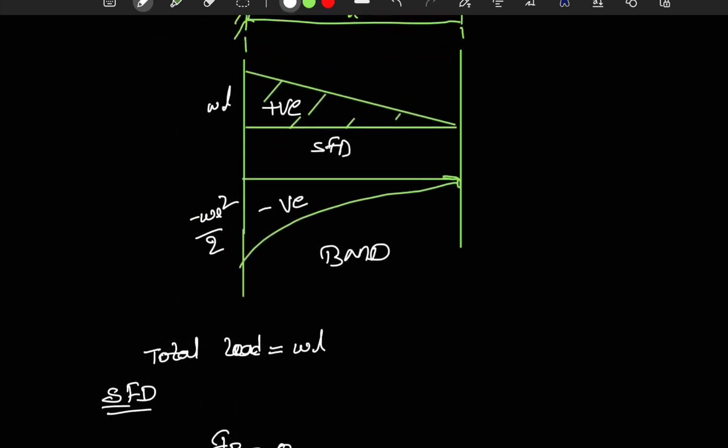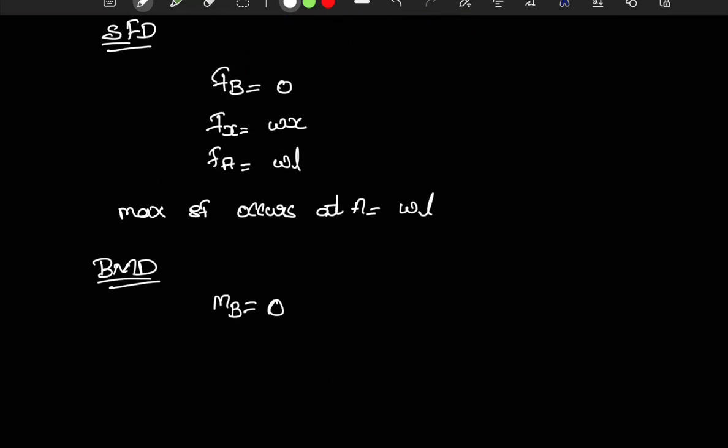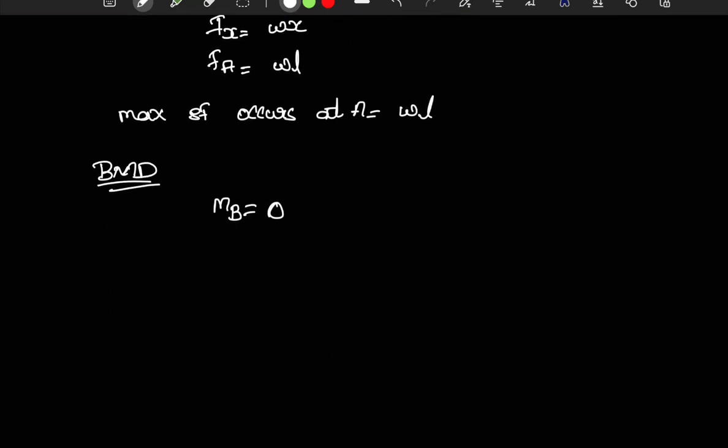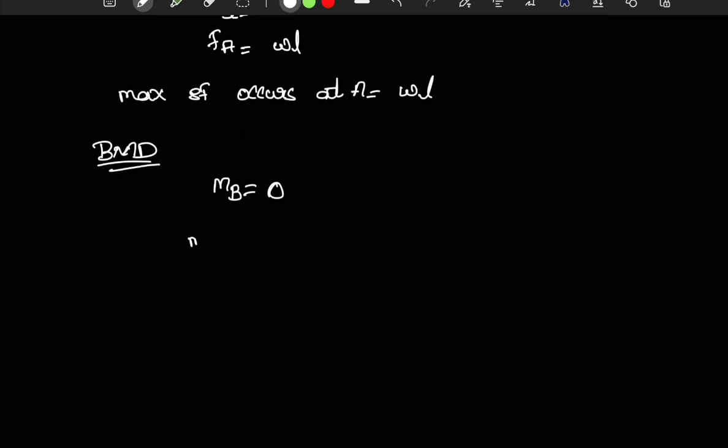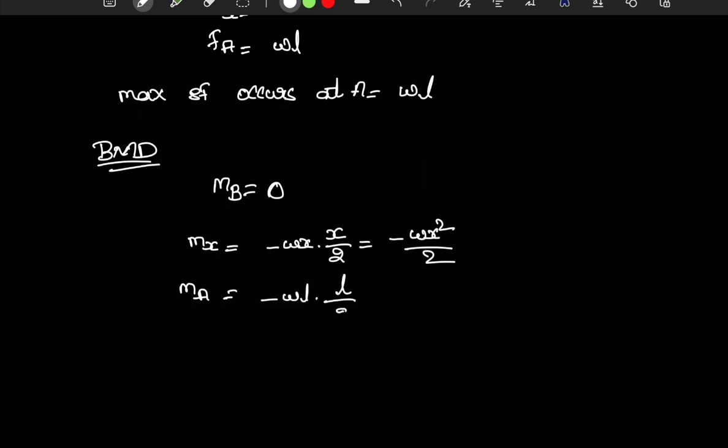In the cantilever beam, M of x is equal to minus Wx into x by 2, that is minus Wx square by 2. Moment at A is minus WL into L by 2, that is minus WL square by 2.